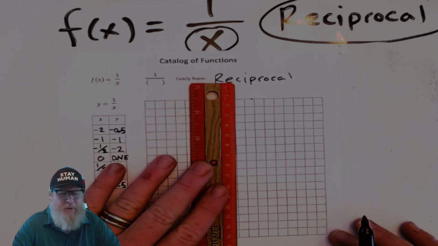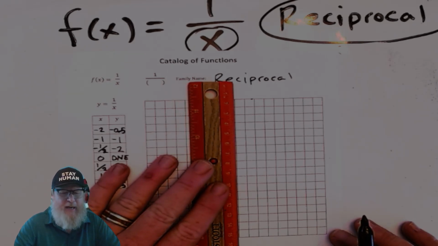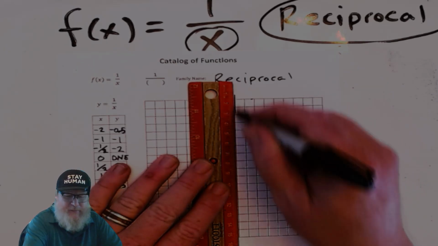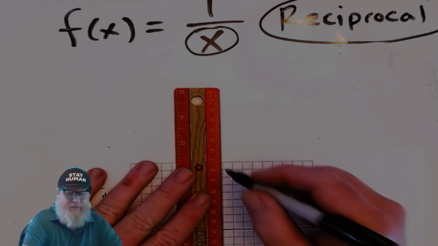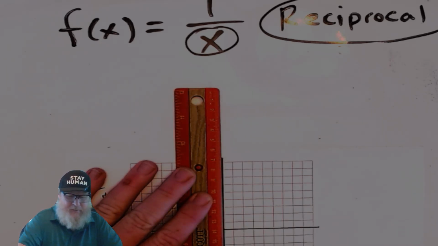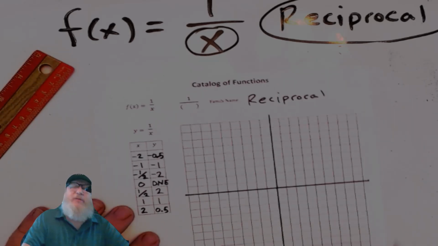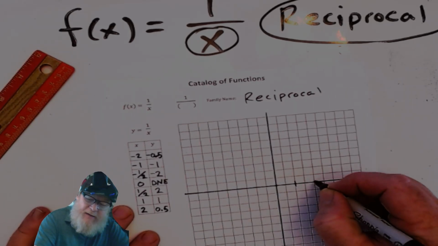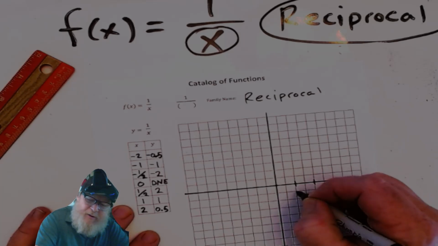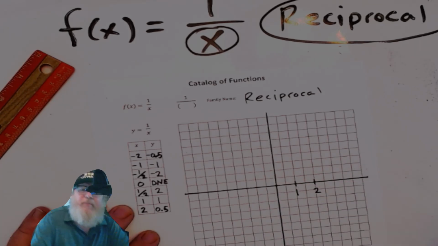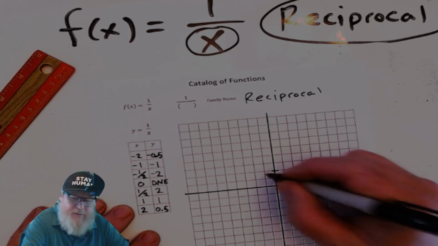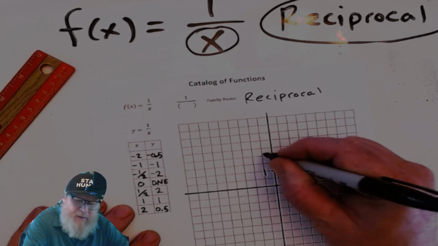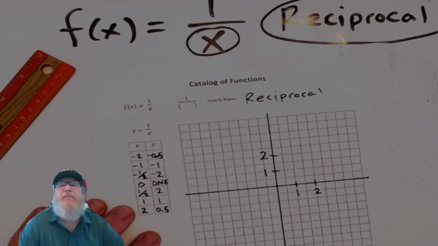And so I'm going to make each block 1/2 a unit so that you can see the decimals and the fractions. So each block is going to be 1/2 a unit. So this is going to be 1, and that's going to be 2. And that gives me space for my fractions. This is going to be 1. This is going to be 2.